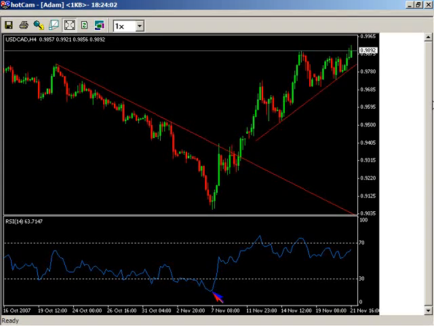Now, what's the real signal? When the market crosses below 30 and then back up above 30. That oversold market, just because it's oversold doesn't mean it can't go down more. In fact, notice the RSI actually crossed below 30 on the way down, and the market continued to fall to new lows.